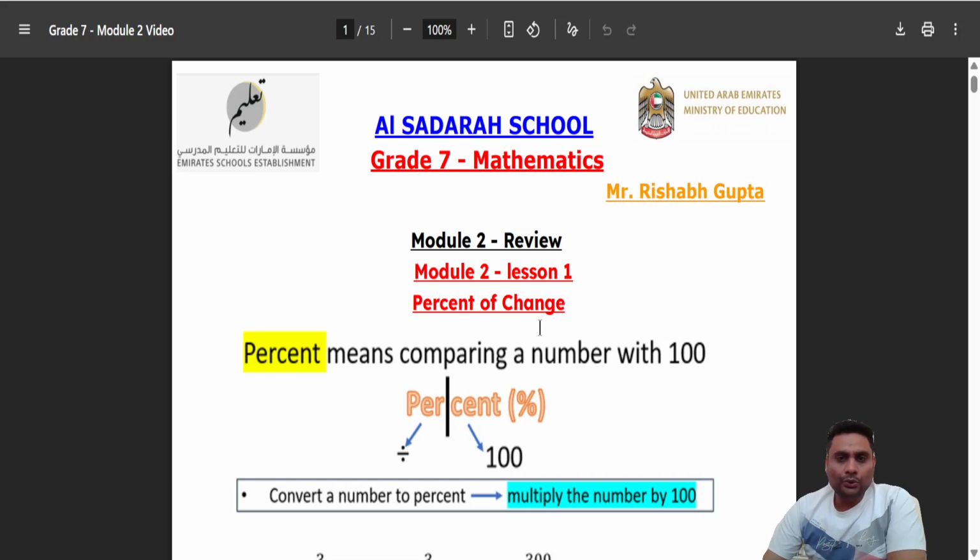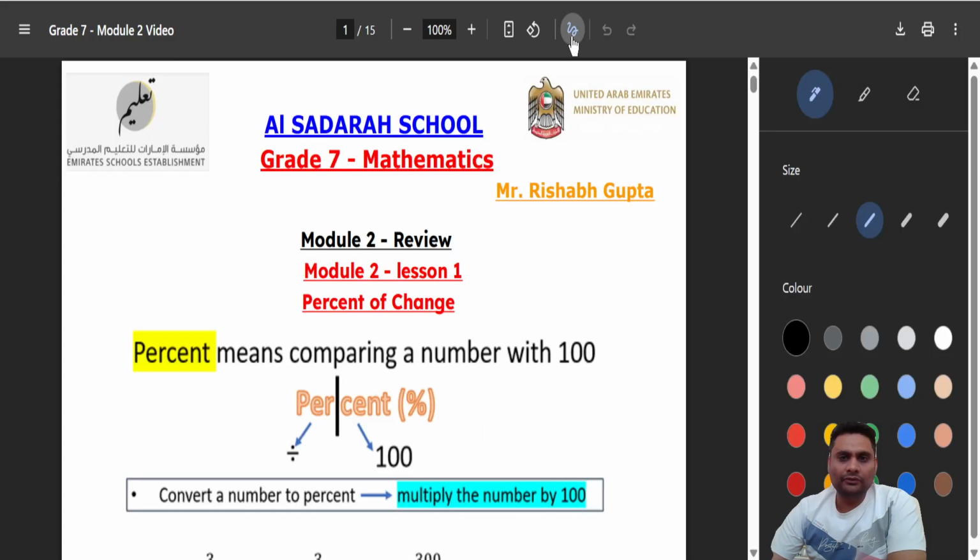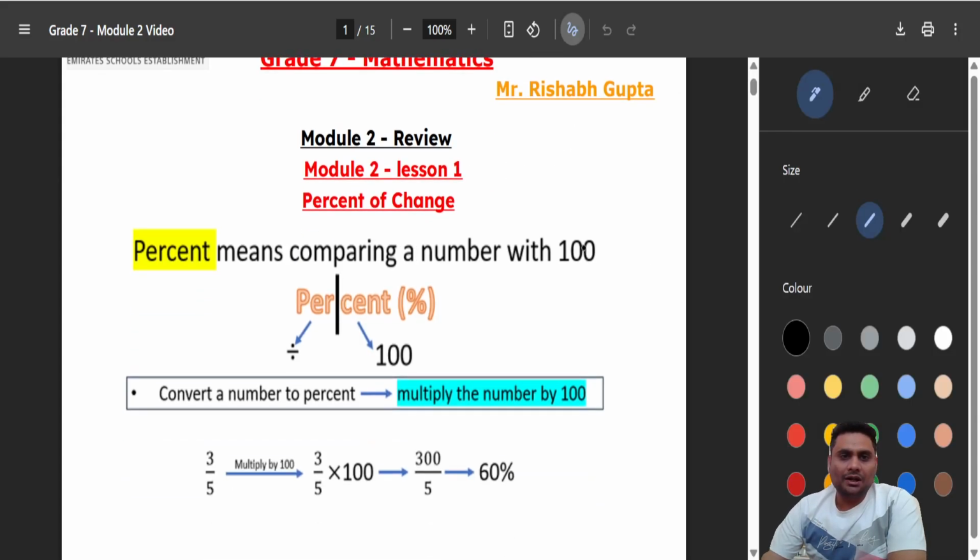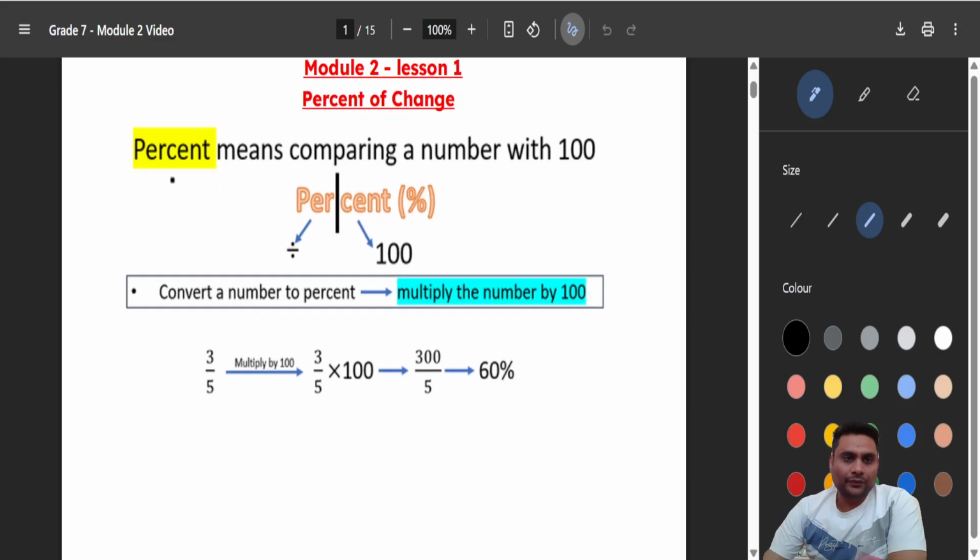So, module 2 is about solving the percent, and lesson 1 is percent of change. Let's start with the meaning of percent. If I break percent into two words, the first is per and the second is cent.